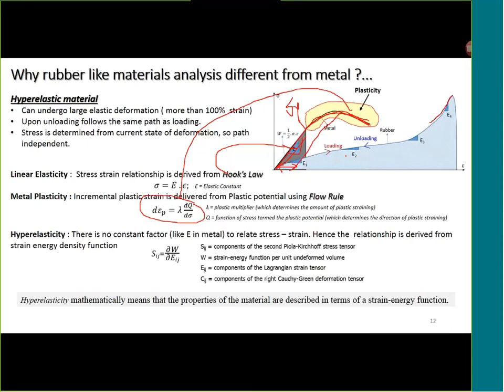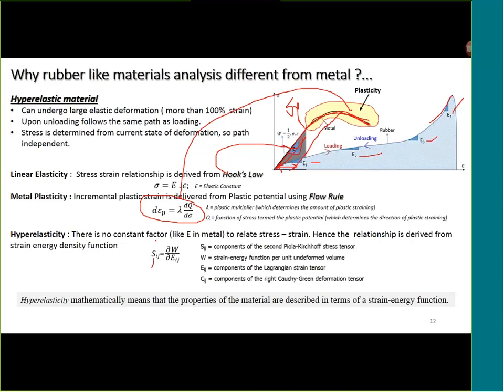Along the load path, the elastic modulus is going to keep changing. So in order to characterize this behavior, rather than the Hooke's law approach, we are going to take a strain energy approach that we discussed in the previous slide.